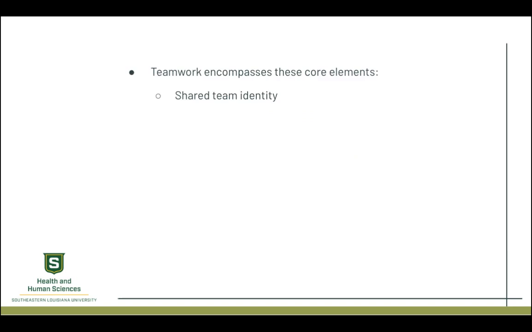You have a shared identity, you have clarity for each person's work, and each person having clarity about what work the other members of the team are doing. And there is very high interdependence in the sense that because they're all working together, they're all having to meet regularly and have conversations regularly before making decisions. So one person is not going off and doing his or her own thing. There is a lot of interdependence.